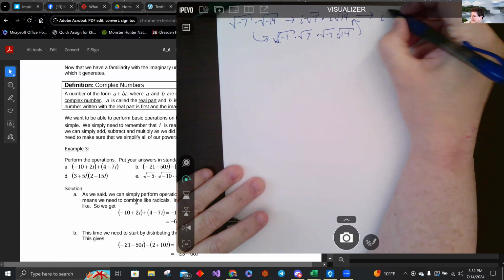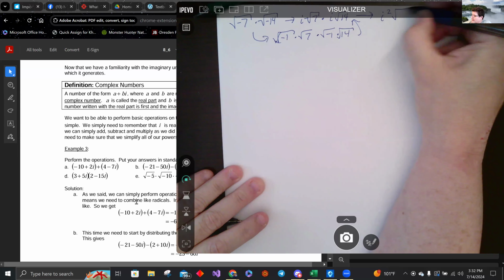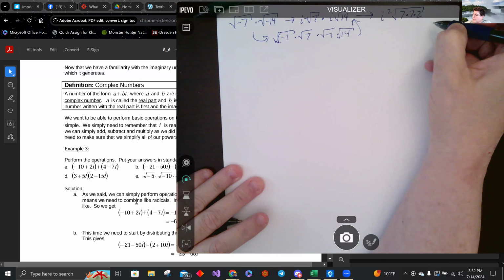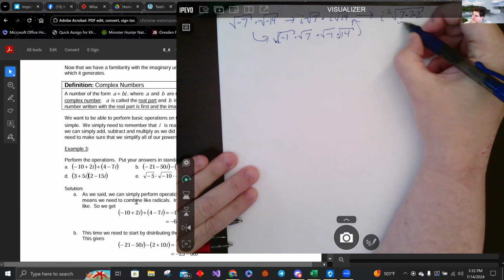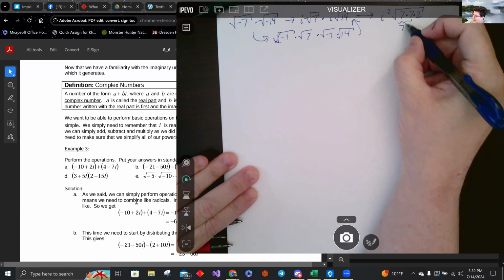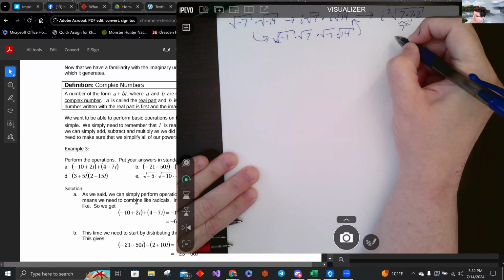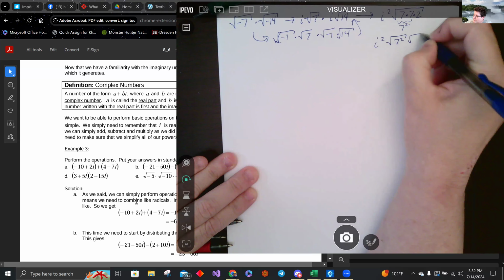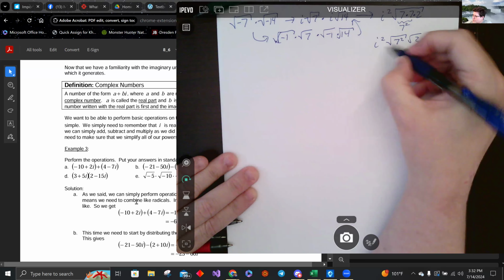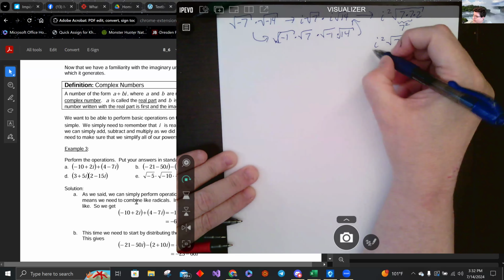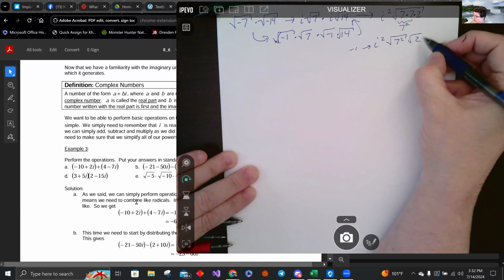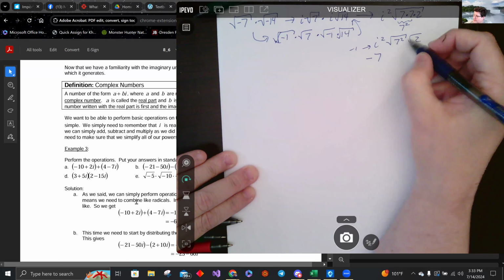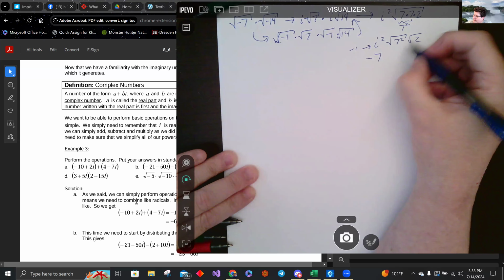We're going to have i squared, and then I'm going to have 7 times 14, and 14 is 7 times 2. This makes it so I've got a 7 squared, and I can pull out a 7. So this is i squared, square root of 7 squared, square root of 2. And i squared is negative 1. So negative 1 times 7 will give me negative 7 square root of 2.